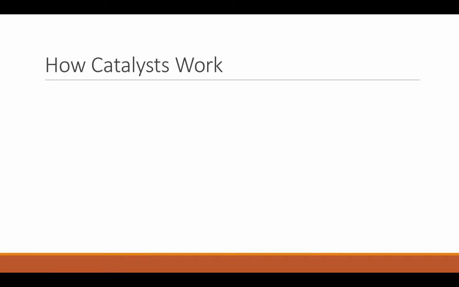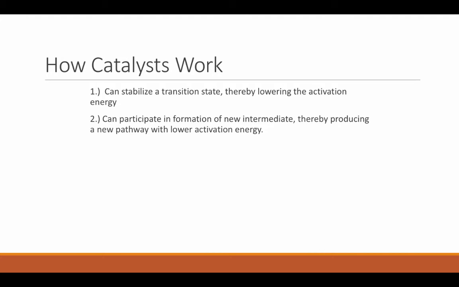Looking at a more fine-grained explanation for how catalysts work, there are several different mechanisms that allow them to lower activation energy. Often they work by stabilizing a transition state, thereby lowering the activation energy. If the transition state is more stable, it's lower in energy. Occasionally, it can participate in the formation of a new intermediate, thereby giving a completely new pathway for the reaction to proceed, a pathway with a lower activation energy.